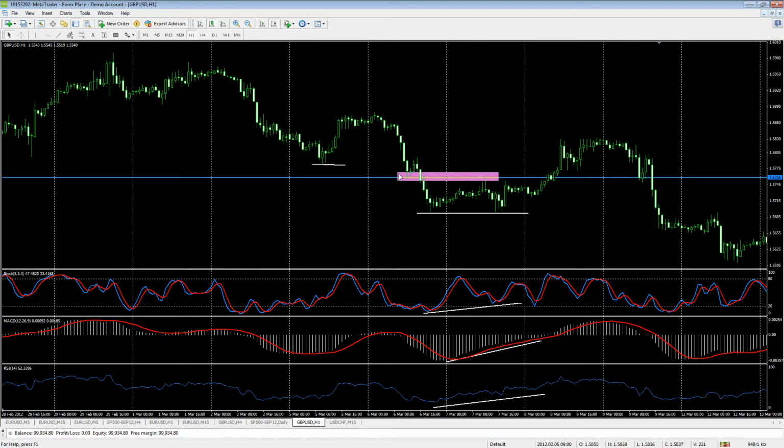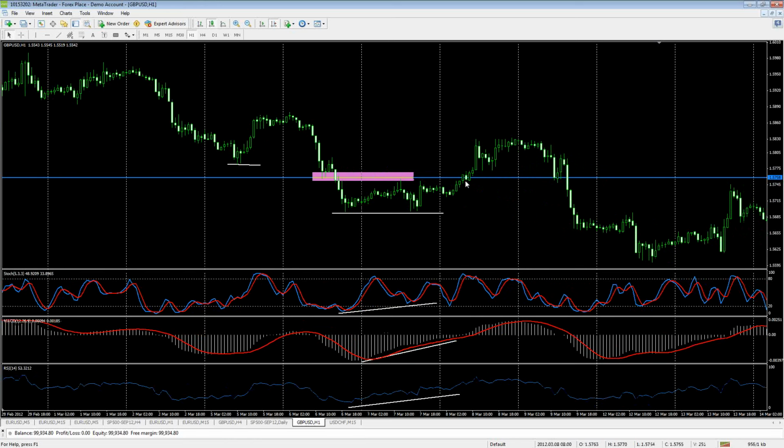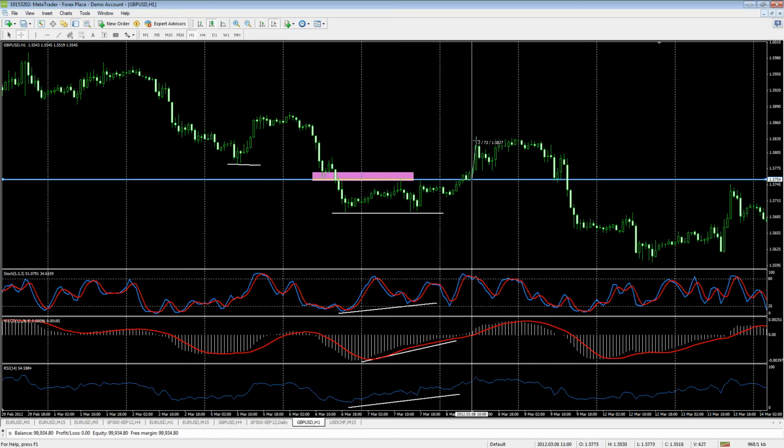Okay, and it didn't even reach this area, and it stopped here, went down, created this double bottom, and eventually broke. And you can see that around here, more or less, this is the bottom. Yeah, and you can see here breaking or breaching, testing, and continuing. Okay, and we have here about 70 pips.